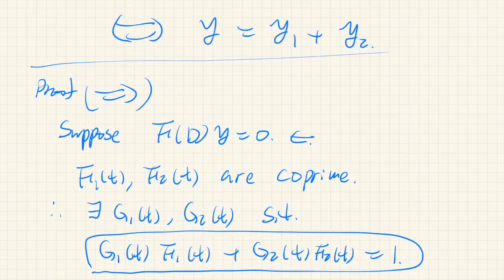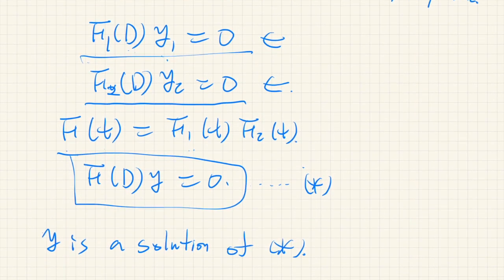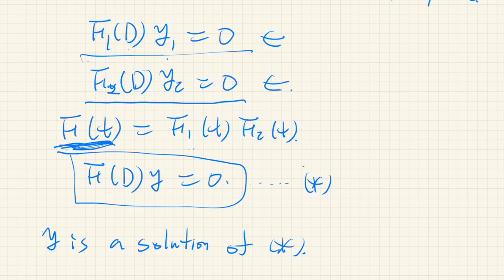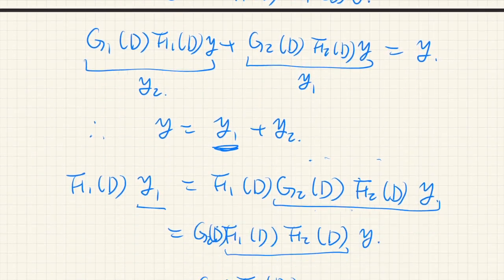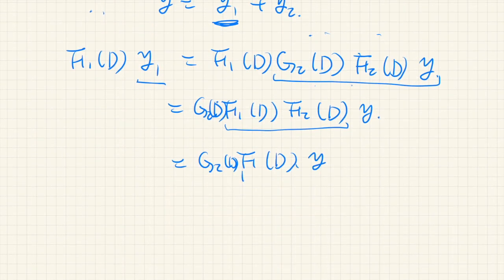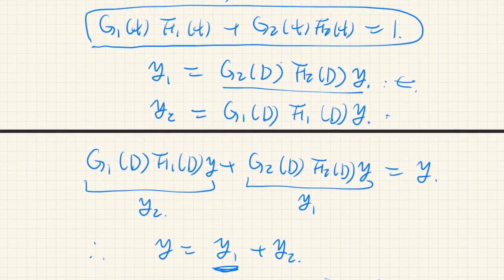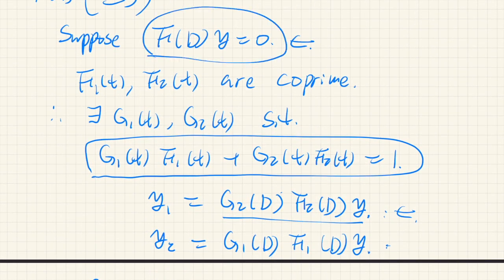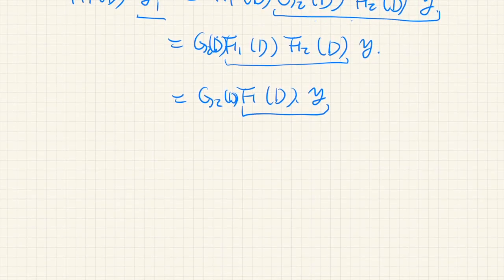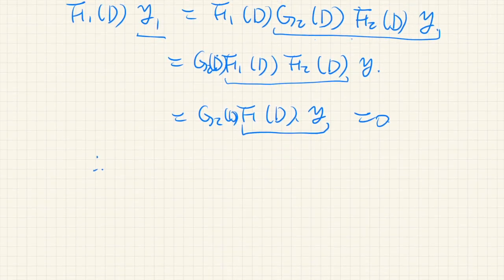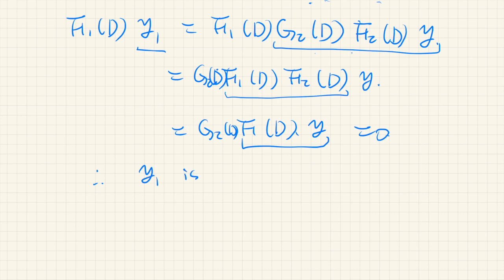We are assuming that this polynomial f can be factorized in this way. So that's this, but this one, by this assumption, is 0. So therefore, y1 is a solution of f1 of d y equal to 0.